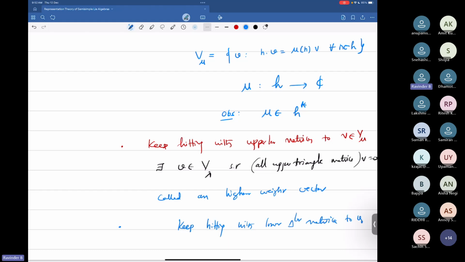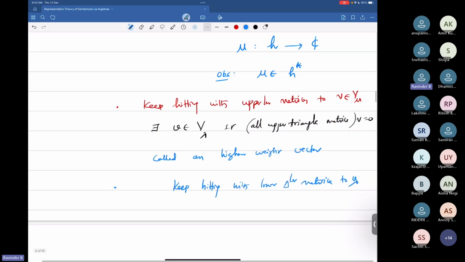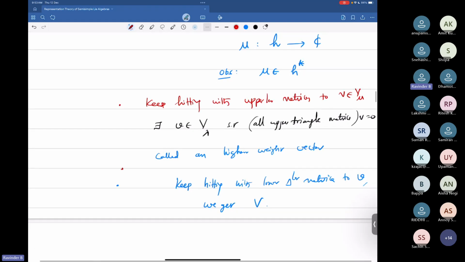To this V lambda, this small v, somehow you should get the entire capital V. And that lambda should have some nice properties. So lambda should belong to H star, maybe with special properties.